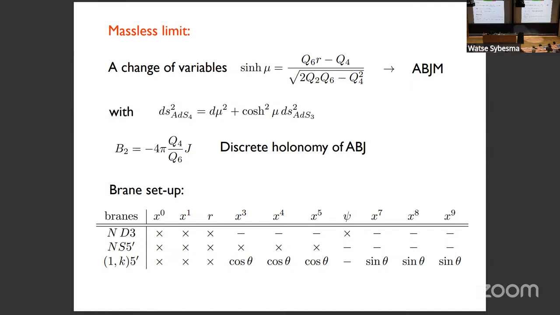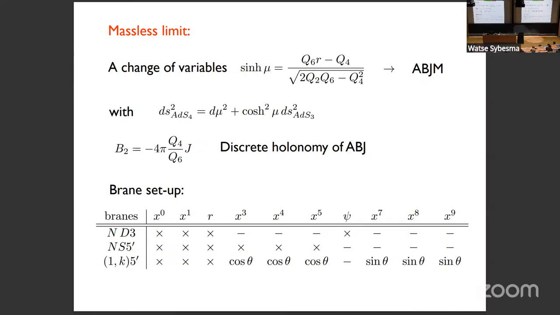And if you look at the B2 field, you find the discrete holonomy that you have in ABJ. So when you remove the D8 branes, these solutions become AdS4 times CP3. We know which is the brane setup that is underlying the ABJM theory. This is typically described in type IIB after you do a T-duality on this psi direction inside the CP3.